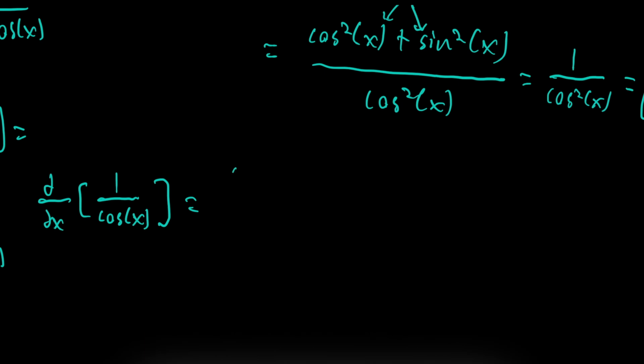This would be equal to derivative of 1, right, is going to be 0 because 1 does not change with respect to x here. It's just a constant, right, times cos of x.